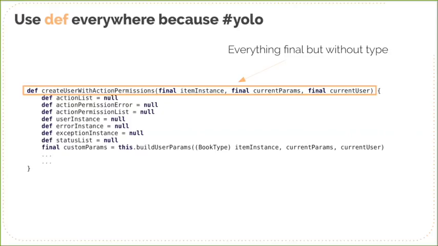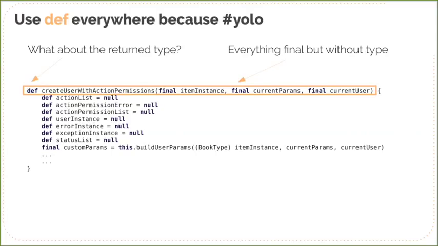There wasn't a concept named item in the project. So when you read this signature, you have no idea what item instance is. Then you have current params. Well, who knows? And finally, we have this current user, which is probably the Spring Security user.